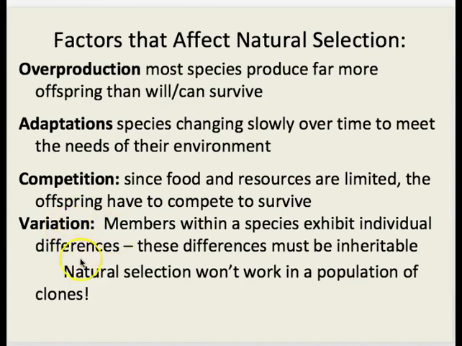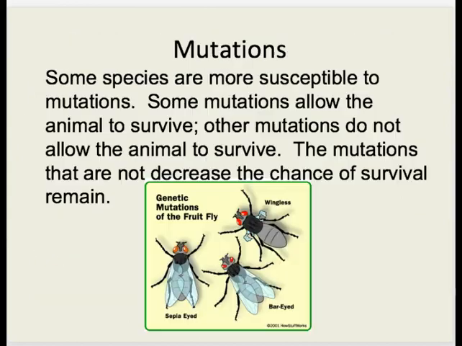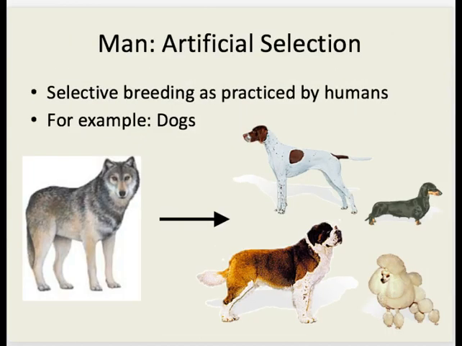Variation is the last here, and while it is absolutely required for natural selection, it is also absolutely required for artificial selection. Artificial selection, you cannot breed for a trait that you want your animal to have, your organism to have, if that trait isn't already inside the genetic code.